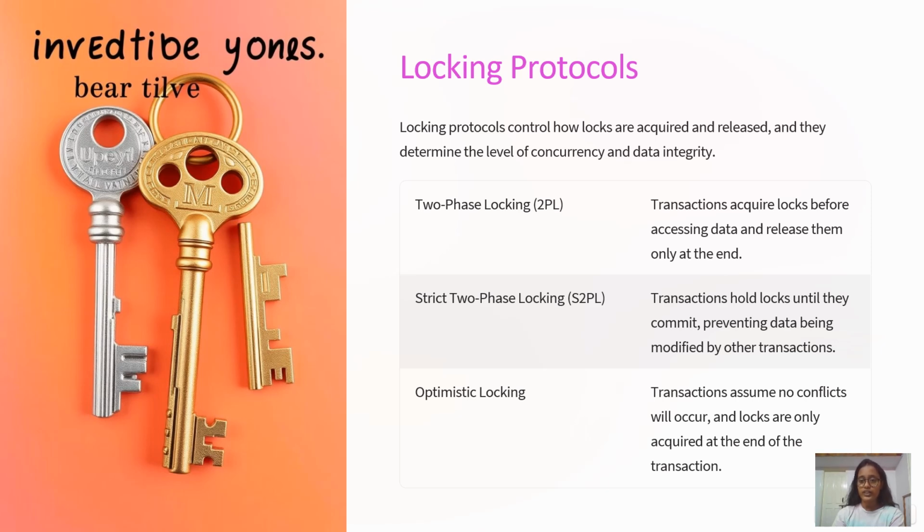This two-phase locking is a very common protocol which requires a transaction to acquire all the necessary locks before making any changes and releasing them only after all the operations are complete. Properly implemented locking protocols will help to preserve data integrity, though they may also introduce performance bottlenecks and potential deadlocks. The locking protocols are very much important to maintain and achieve data integrity.